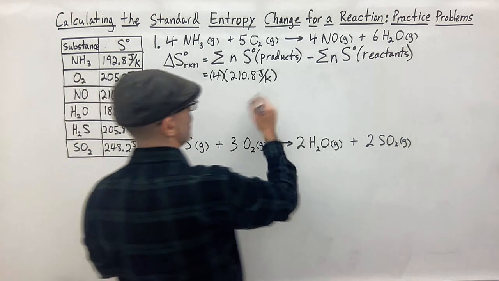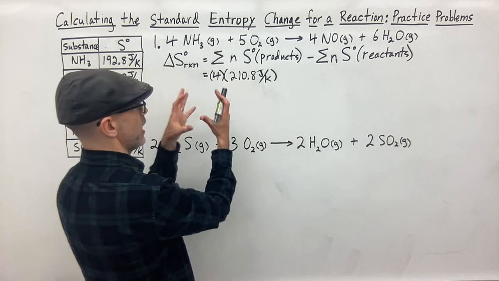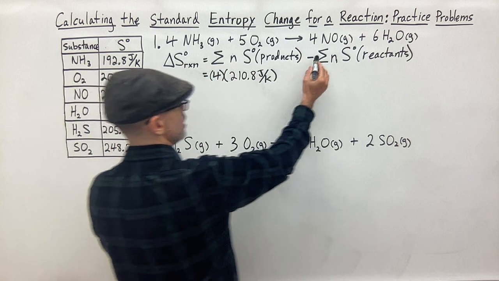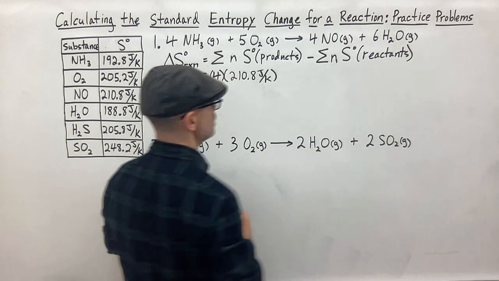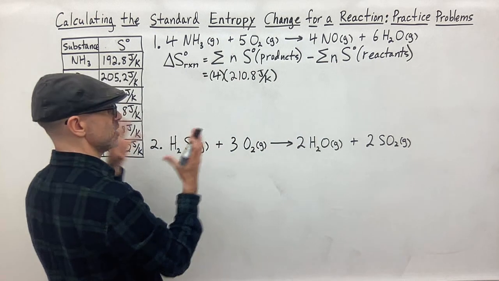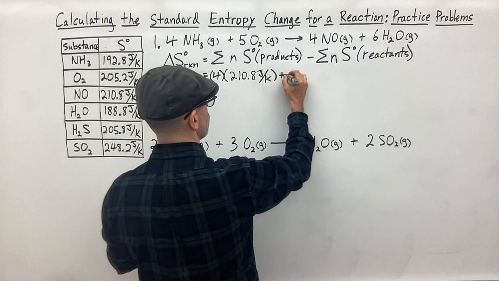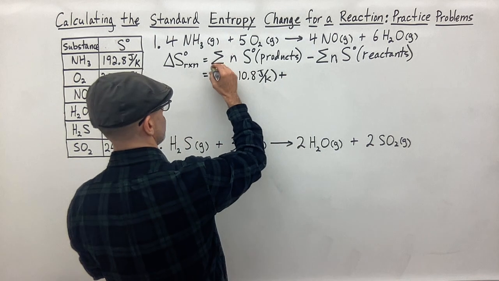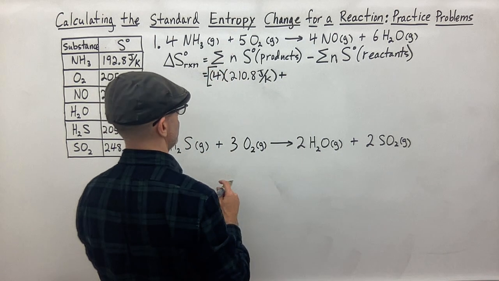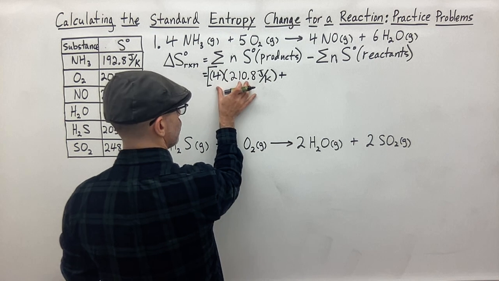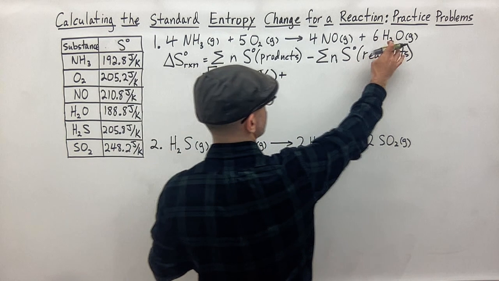Then we're going to add to that. Sum means you're adding them together. This symbol is capital sigma, and that means sum. So we're going to add together all the products first. Let's put a square bracket around this. We're going to multiply these together, and then we're going to add water.